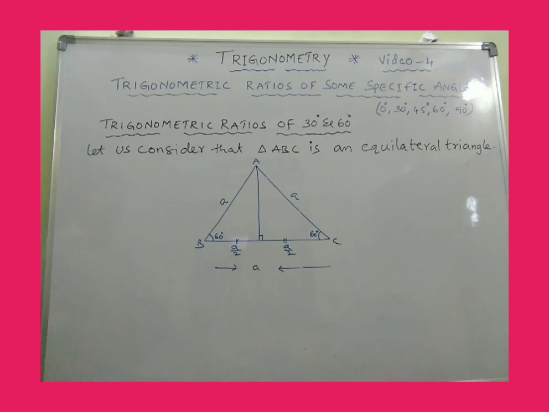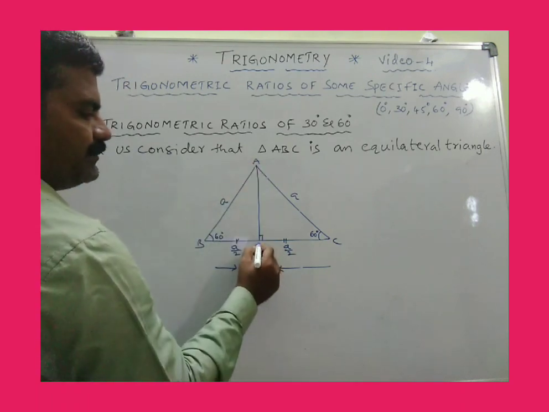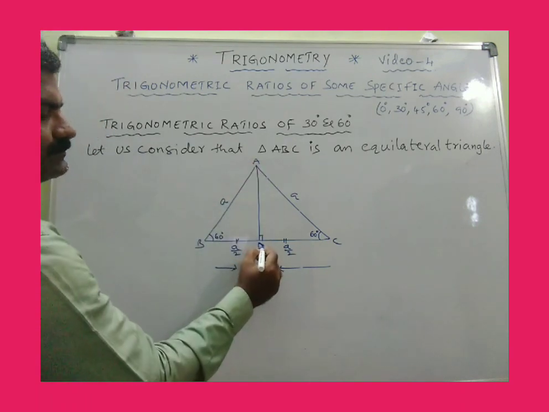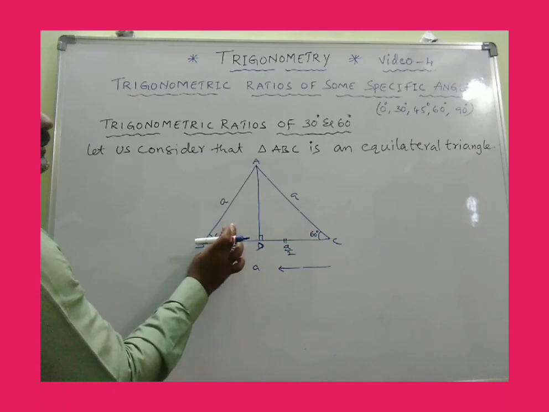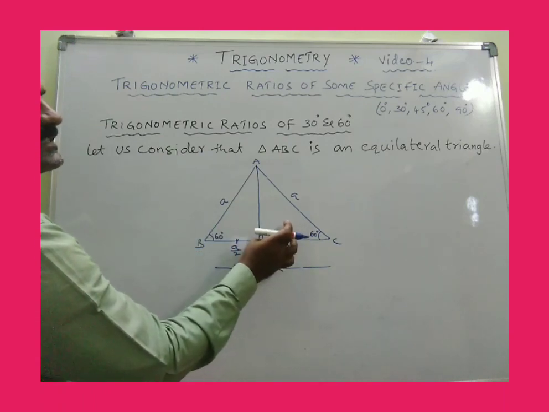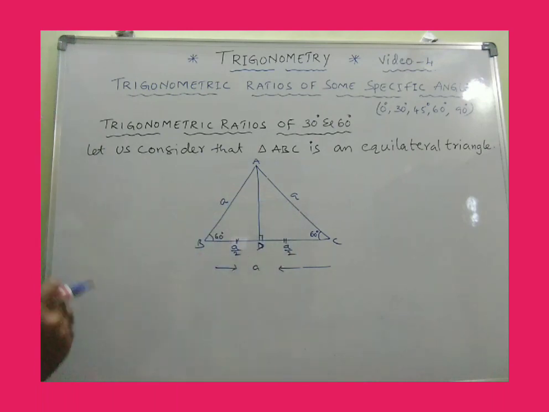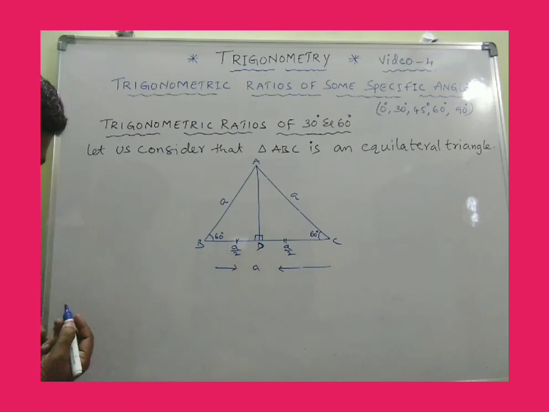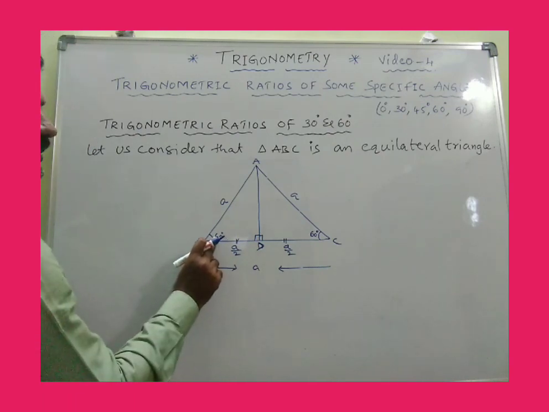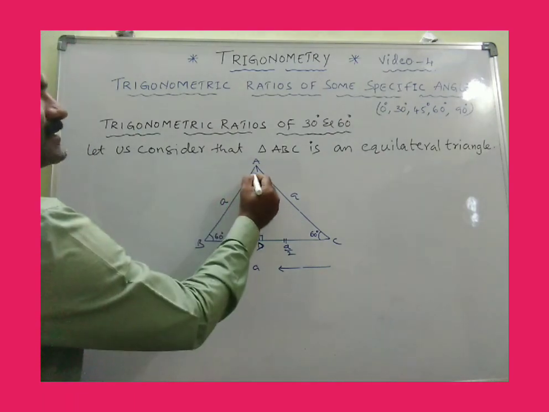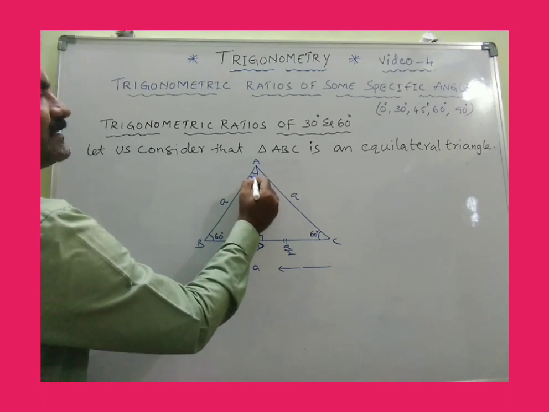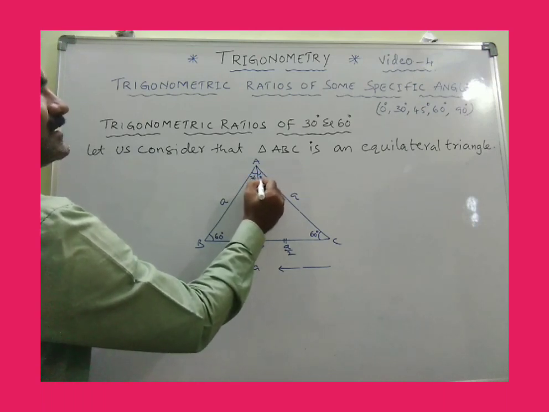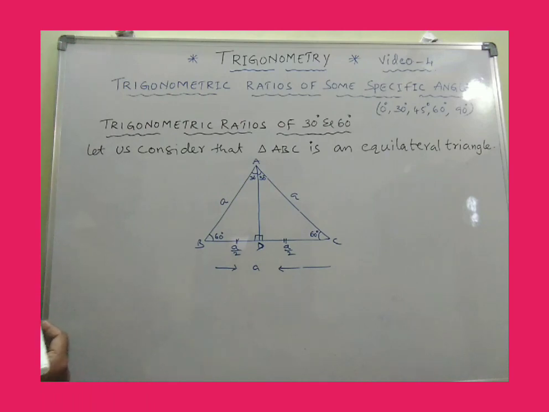Okay. Now draw the perpendicular. Let it be, say, some capital D. Now you see triangle ABD and another triangle ACD. Clearly, because this is 90 degrees and this angle is already 60 degrees, this angle must be 30 degrees and even this angle is also equal to 30 degrees.